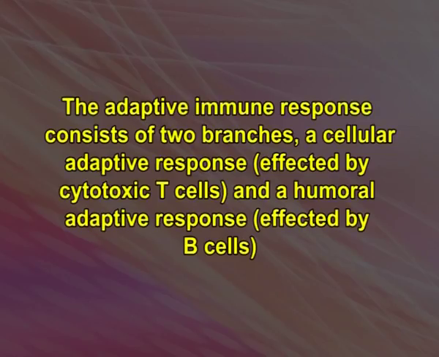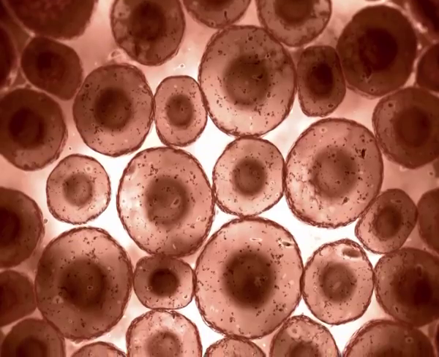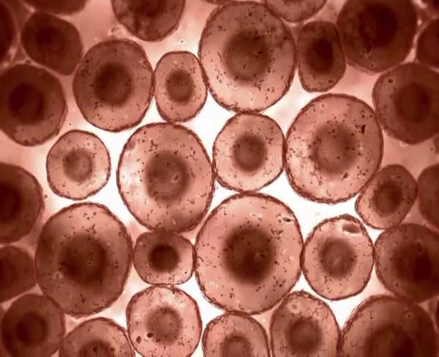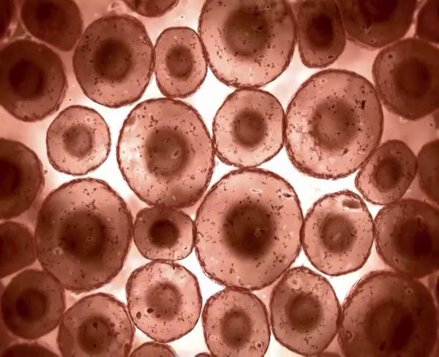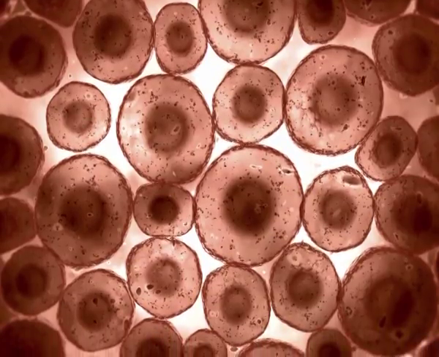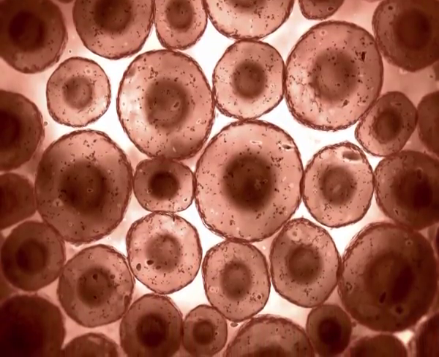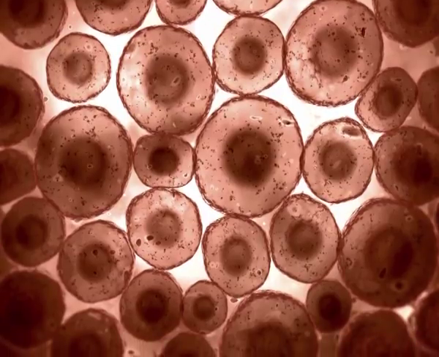The adaptive immune response consists of two branches: a cellular adaptive response effected by cytotoxic T cells and a humoral adaptive response effected by B cells. The former is directed especially towards pathogens that have colonized body cells or body cells that have become malignant, as in cancer.